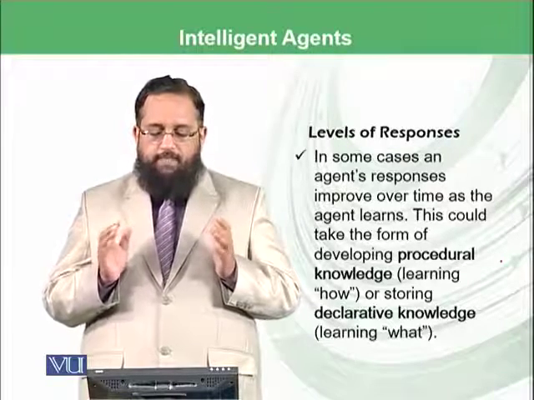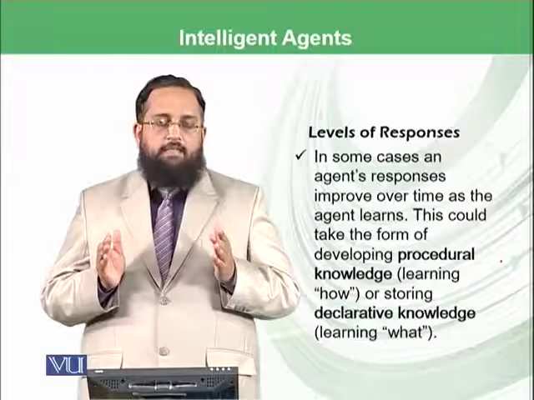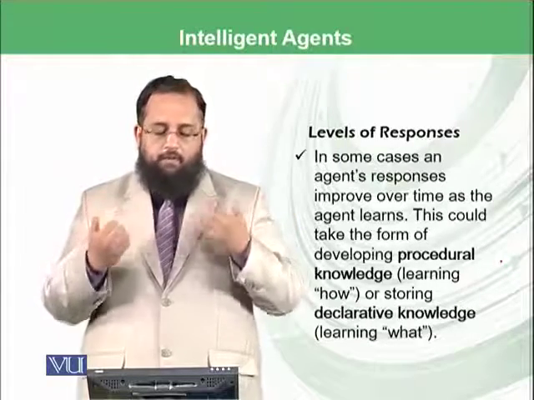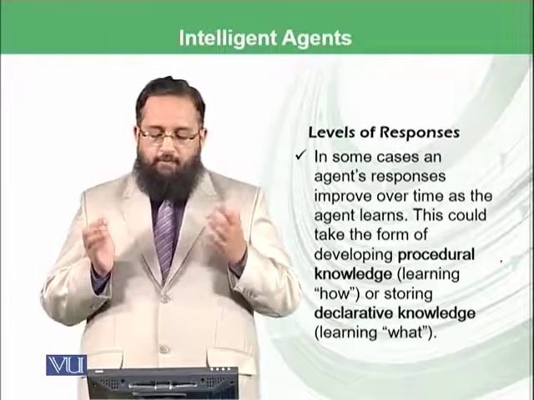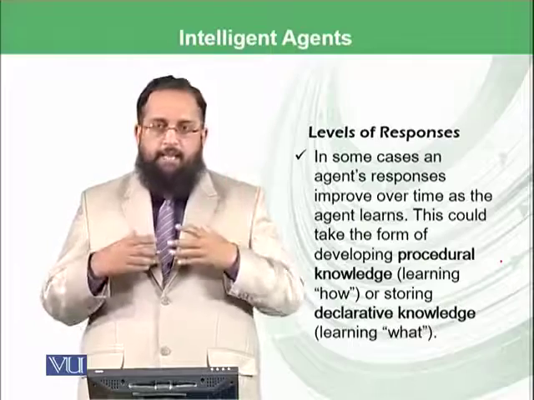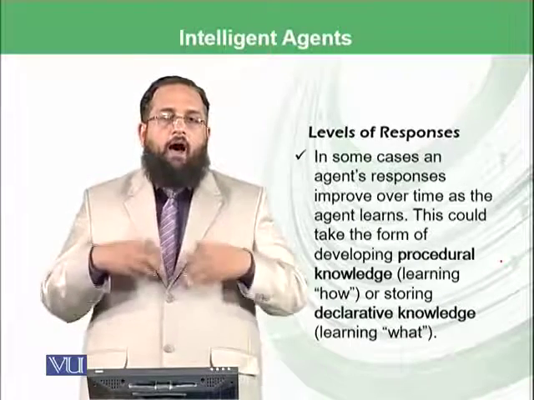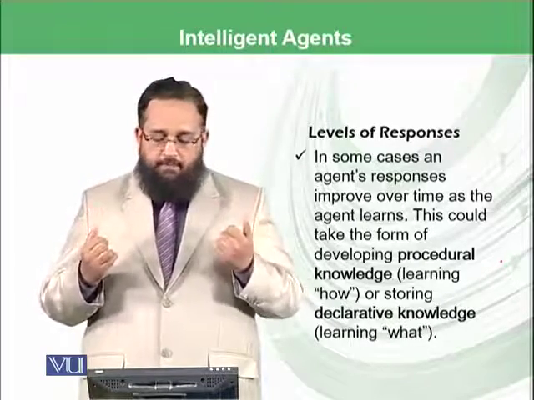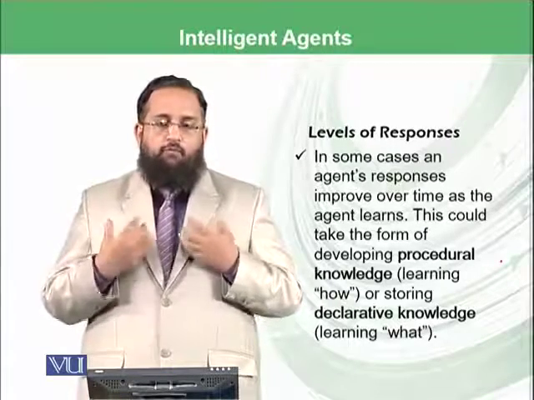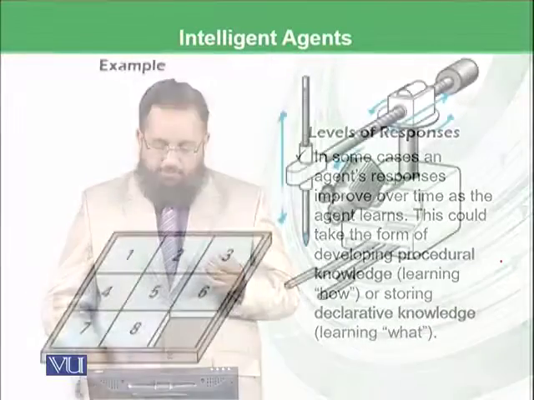In some cases, an agent's response improves over time as the agent learns from its environment. This could take the form of developing procedural knowledge, which is learning how to perform in certain situations, or storing declarative knowledge, which means what to do in this situation.